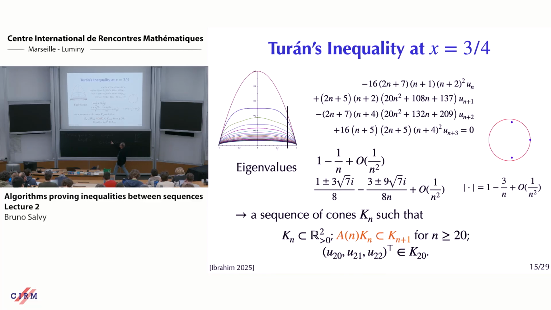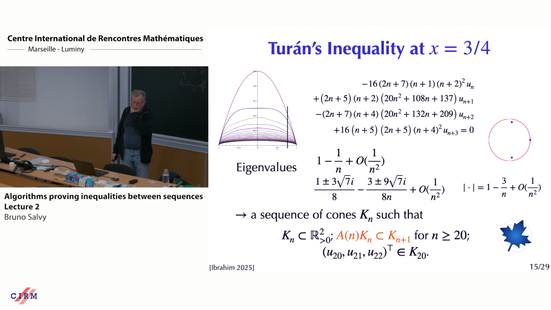Those are the eigenvalues, and you see that the second ones, the complex ones, are at 1 minus 3 over n, which is smaller than 1 minus 1 over n. And then with this, we construct a sequence of cones, and they are contracted for n larger than 20. And again, you can check that it's entered soon. I have a demo for this, but I think now it's always the same thing, right?